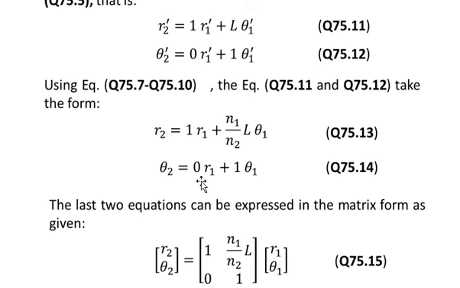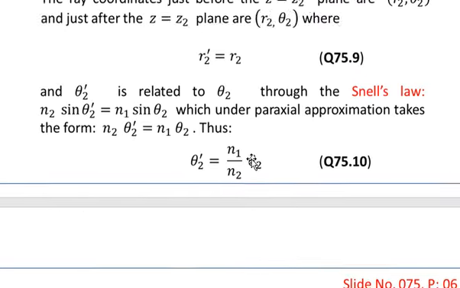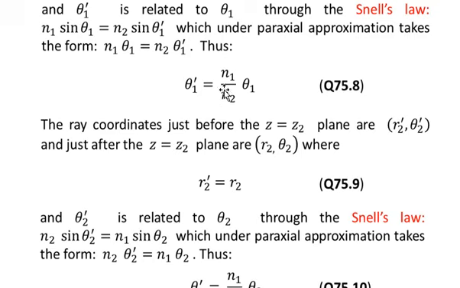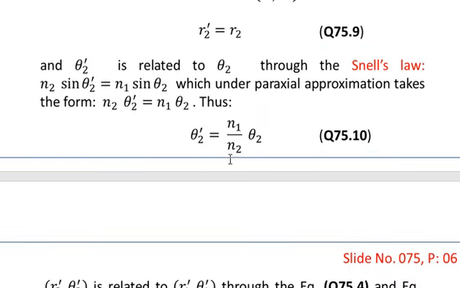And similarly theta 2 is equal to 0 times r1 plus 1 into theta 1, because we have obtained these equations and substituted the value of theta 1 prime from equation number 1, and similarly for the value of theta 2 prime we have used this equation, that is n1 over n2 into theta 2.